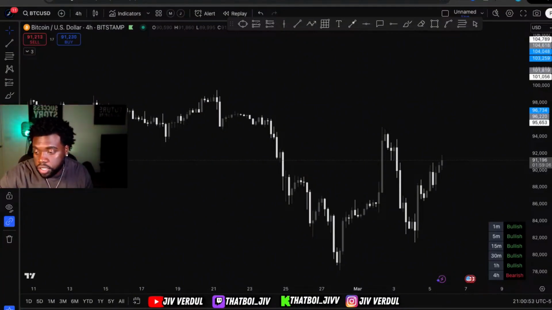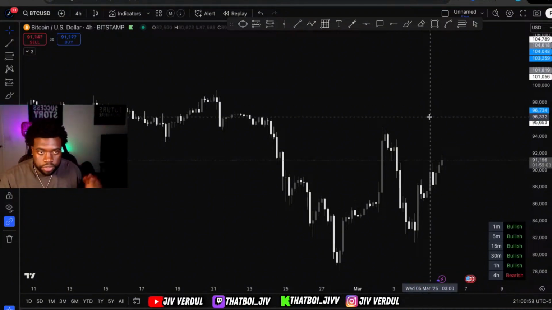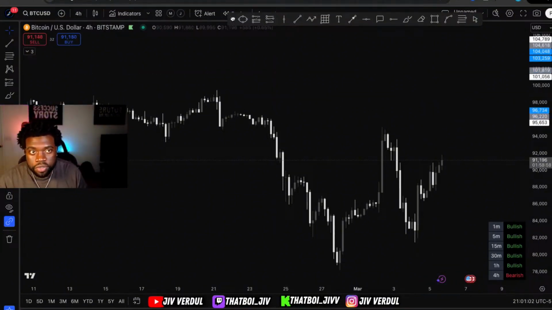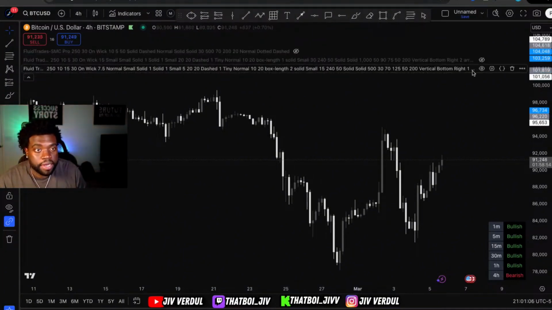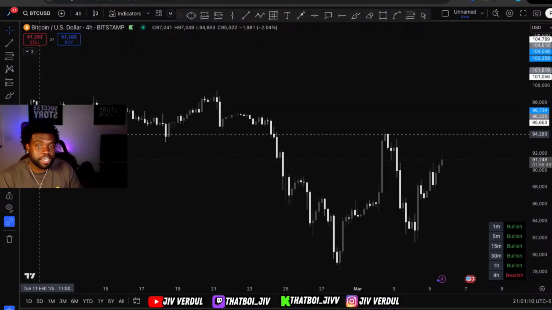All right, guys. So what makes the Fluid Trades Algo unique? What makes it unique is that we combine price action and fundamentals. So we got zones, right? We got breaker structure. We got equal highs, equal lows.